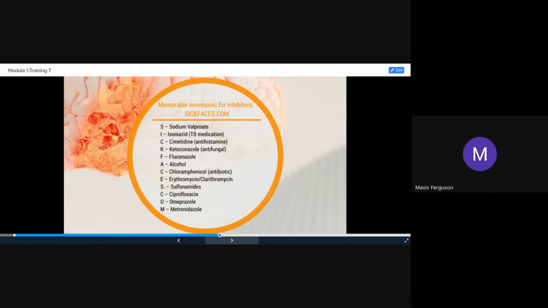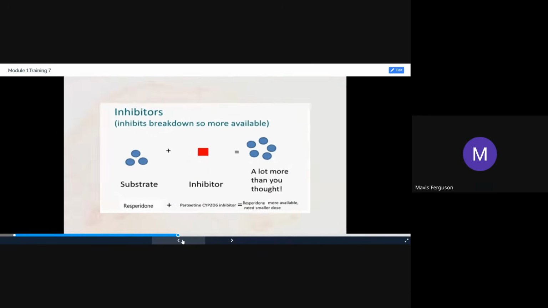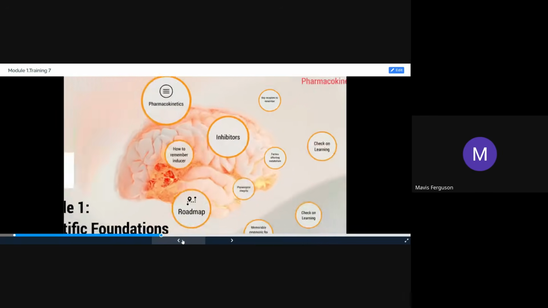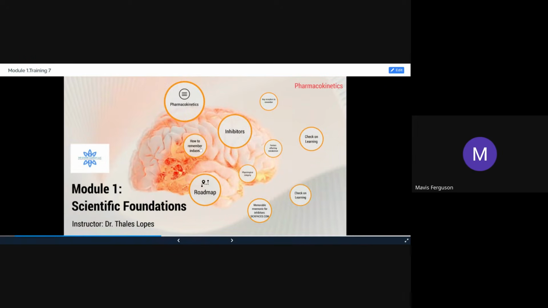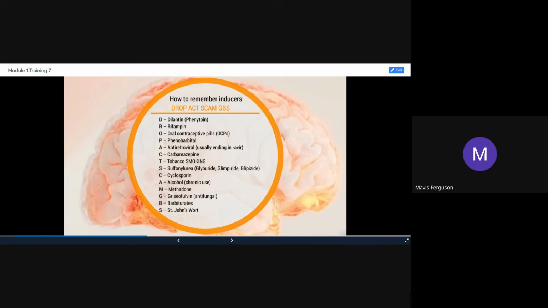I just wanted to share a way I remembered that smoking was related to the CYP1A2 enzyme. Yes. I just think about a cigarette, it's one cigarette, and it's between 2 fingers that looks like an A. Okay, that works. And it's 2 fingers, CYP1A2.